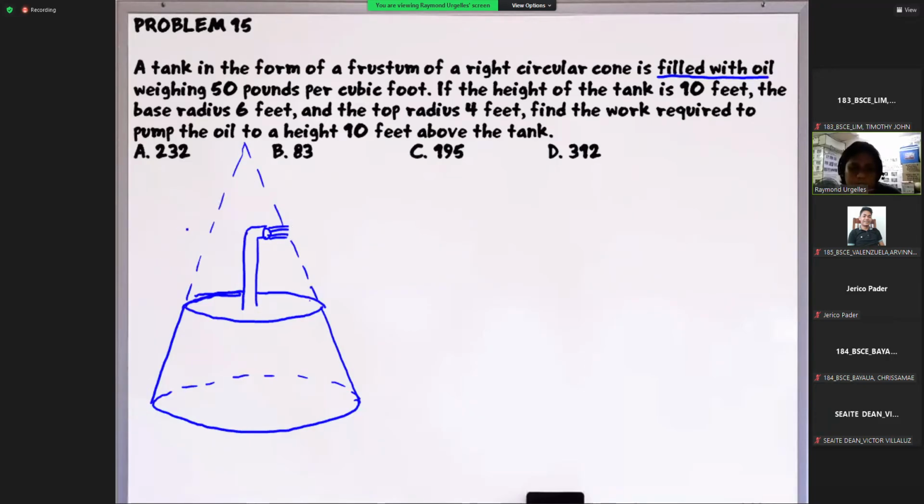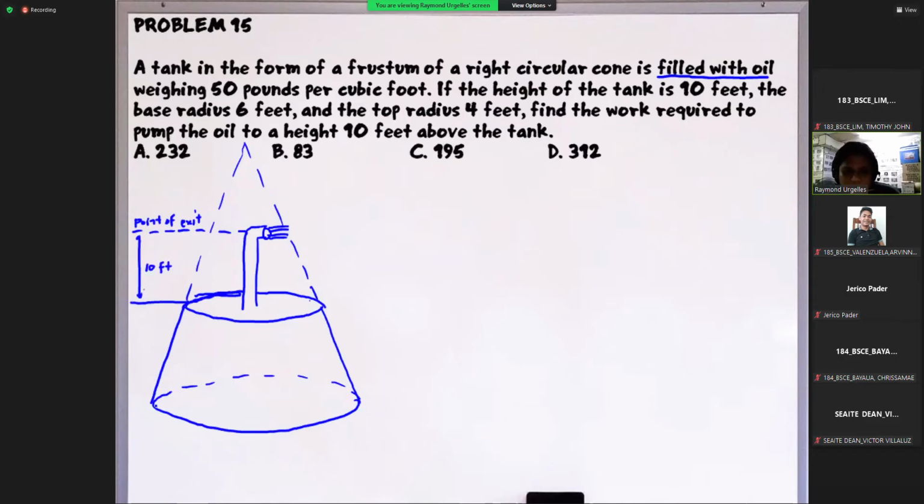Again, ito yung point of exit natin. Kung yan yung point of exit natin, ito yung i-assume natin na reference. So yung height natin, yung H natin, will be measured mula dito sa point of exit na to. Mula dito sa top ng container natin, or the top of the tank, papunta sa point of exit, sabi sa problem that is 10 feet.